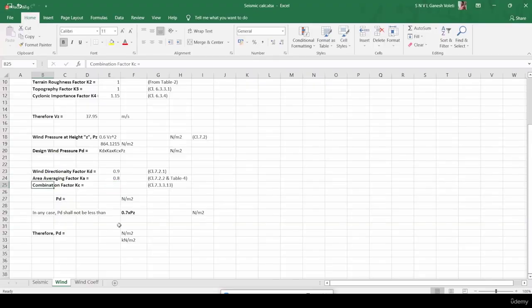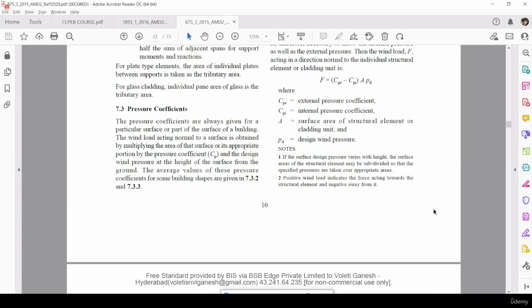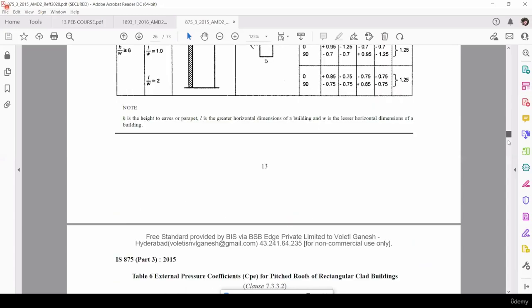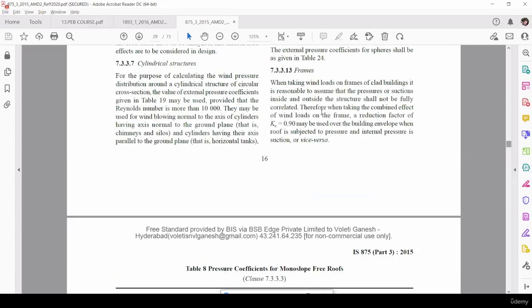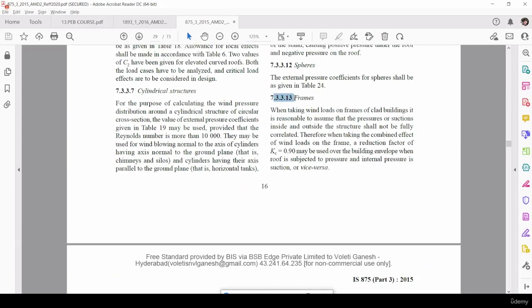The last one, combination factor Kc. This is mentioned in clause 7.3.13. You can observe clause 7.3.13 here. When taking wind loads on the frame cladding, it is reasonable to assume that pressure and suction inside and outside are fully correlated. So when taking the combined effect of wind loads, combined effect meaning pressure and suction, there may be some differences in taking pressure and suction.